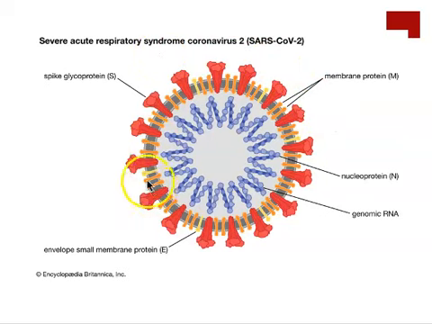Now, the smaller proteins that you can see in the envelope, the yellow and the orange, these are referred to as envelope proteins. We are calling the yellow protein, the envelope protein E, and the orange one is being called envelope protein M.